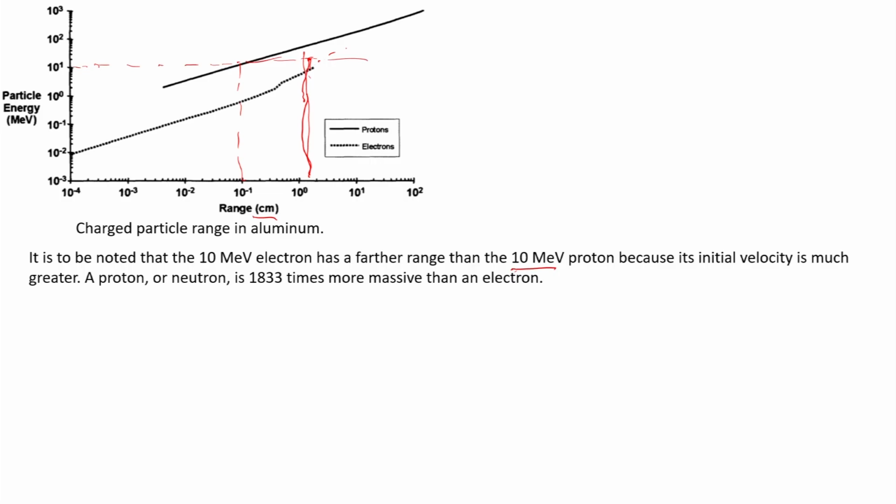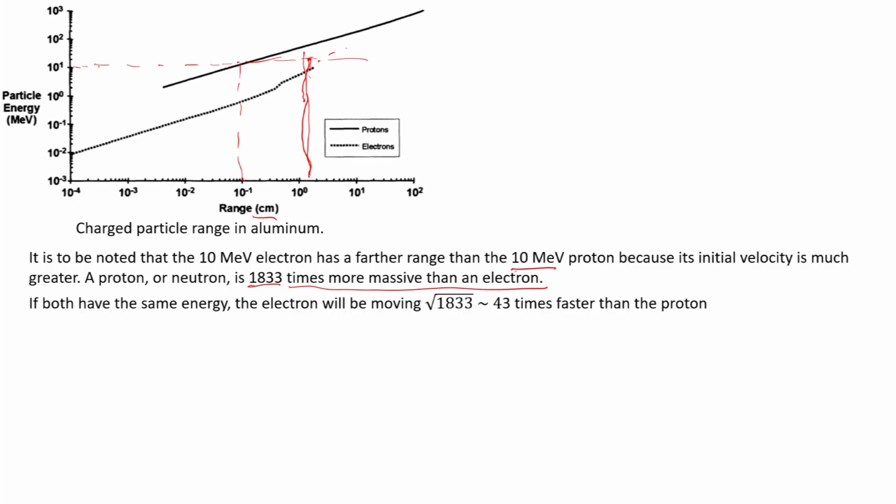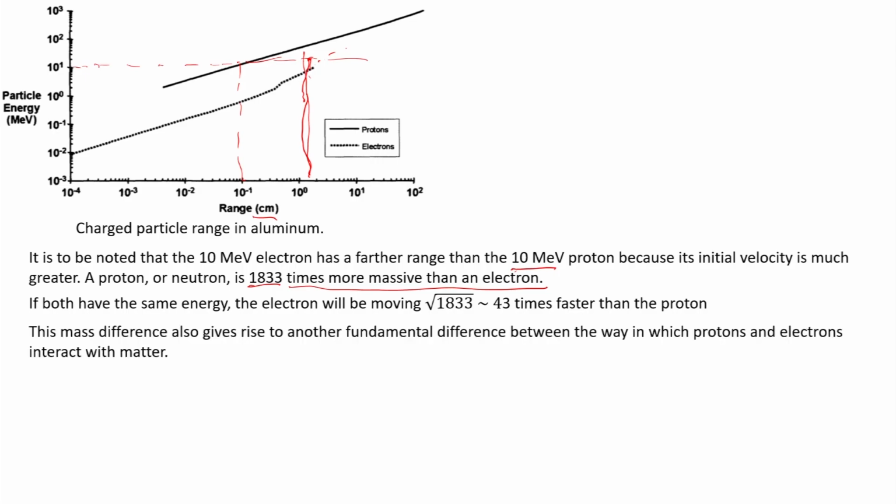This is because the initial velocity of the electron will be much higher, because the proton has higher mass. This was already explained when we discussed spacecraft charging, the electron and proton. The electron will have a velocity 43 times faster than the proton.